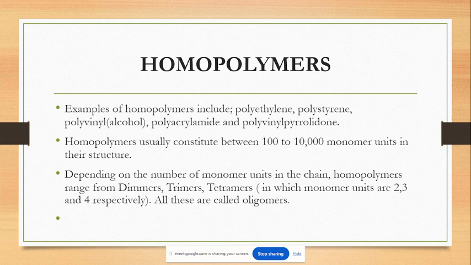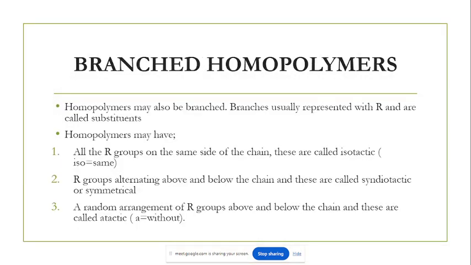If there are four, then it's called a tetramer. Okay. So all these, like I said, are called oligomers because they contain fewer than 100 monomer units. Okay, so above 100 to 10,000, that is called the polymer. Okay, I'm sure that is clear.